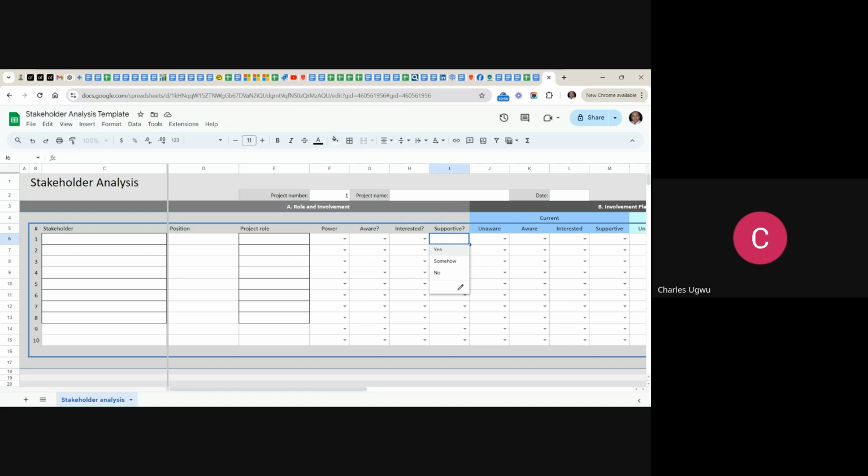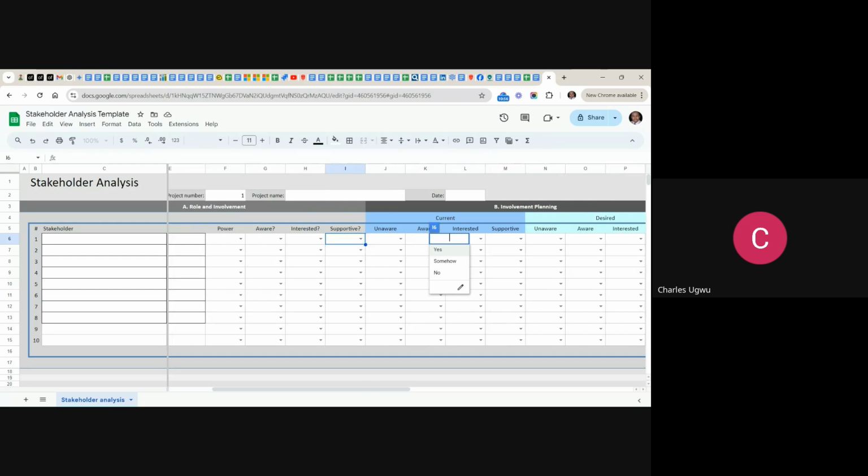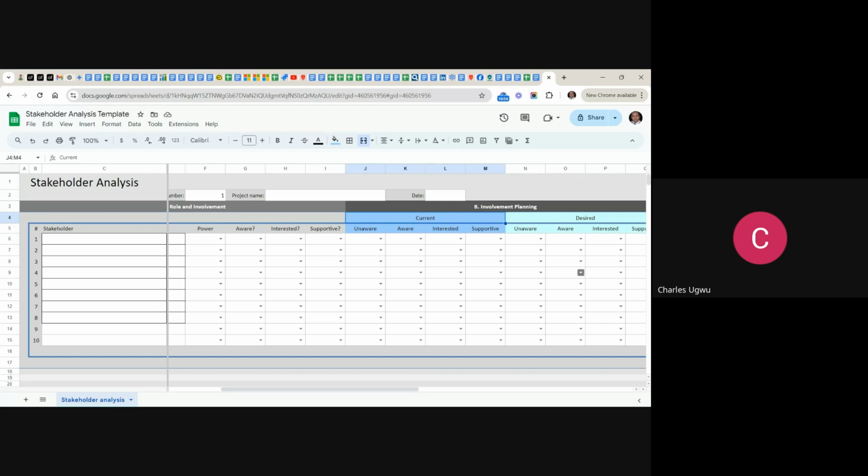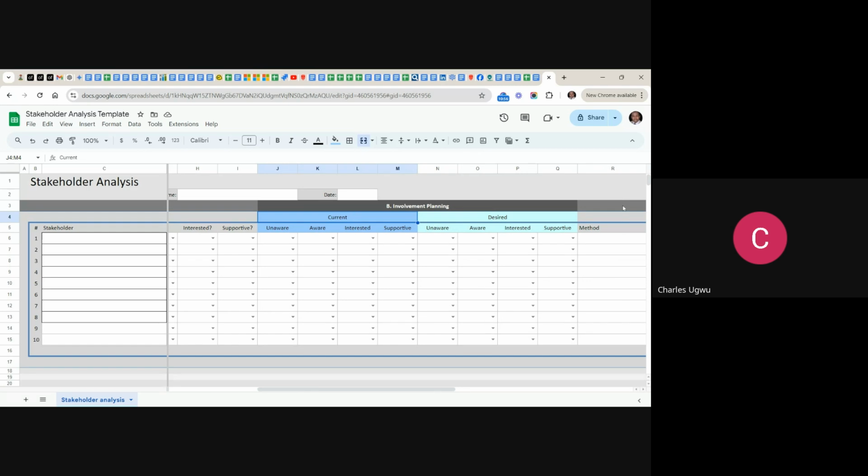When you capture this, it is the current state, and it will help you to understand the level of involvement. Over time, when you are doing the gap analysis, you use this area to capture the current relationship, and you compare it with the desired relationship.